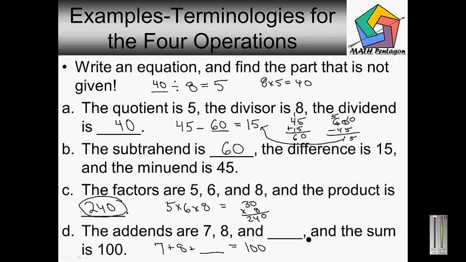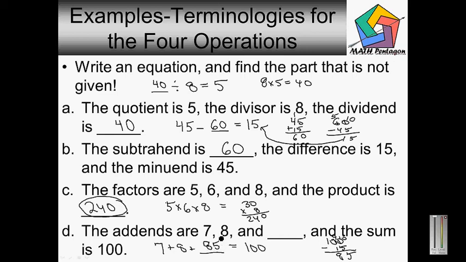In order to find that third addend, we basically just do 100 minus 15. 10 minus, we borrow from 0. 10 minus 5 is 5. We borrow from 0 again. 9 minus 1 is 8. So our third addend would basically be 85.